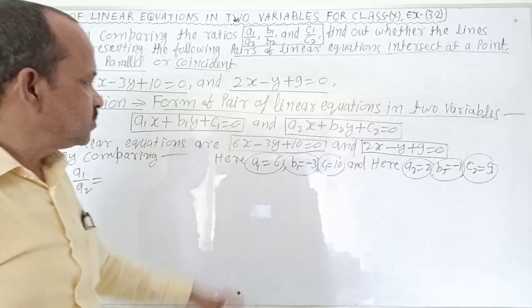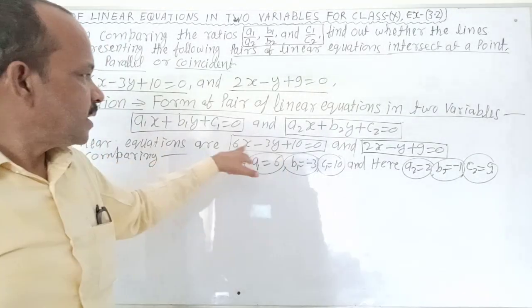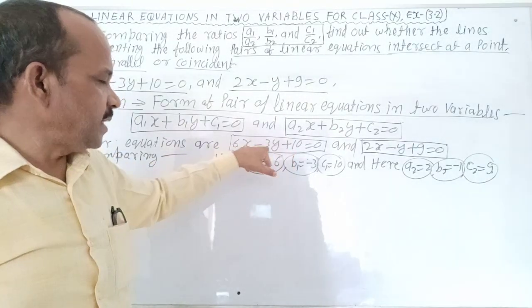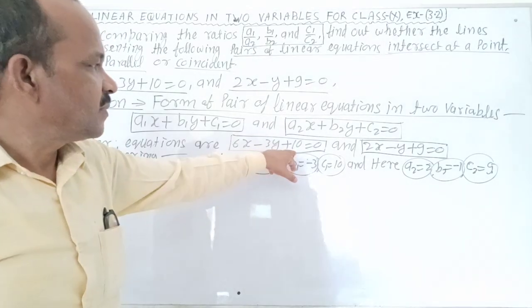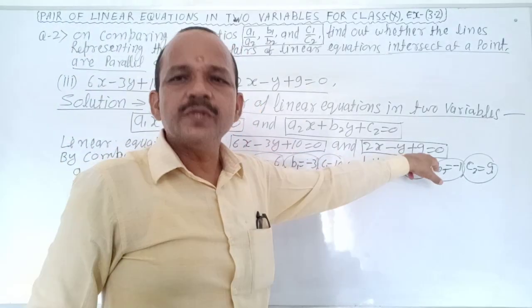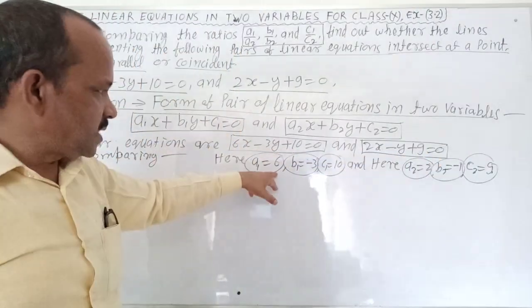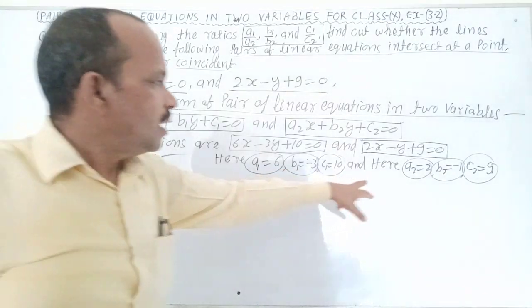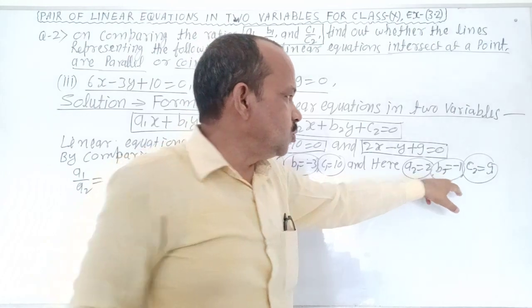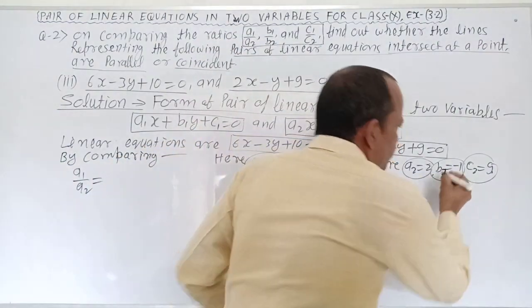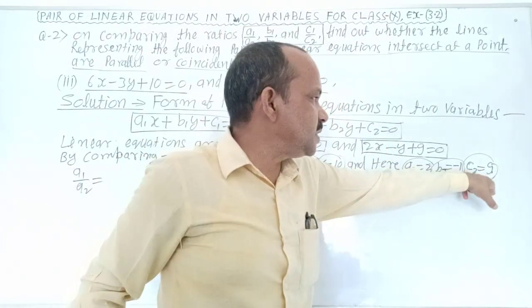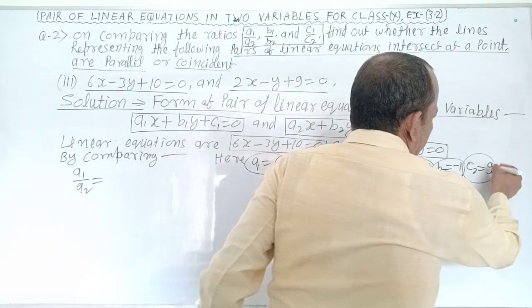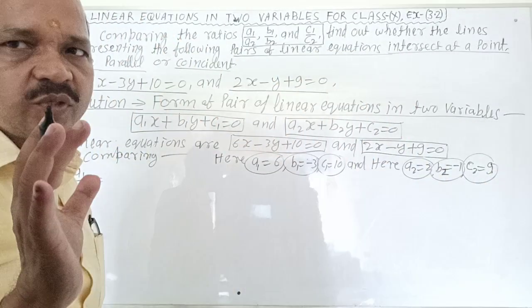It is clear? Here a1, b1, c1, a2, b2, c2. a1 is 6, b1 is minus 3, c1 is 10. a2 is 2, b2 is minus 1 and c2 is 9. It is clear? No confusion about it?